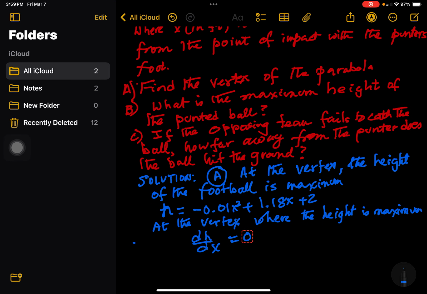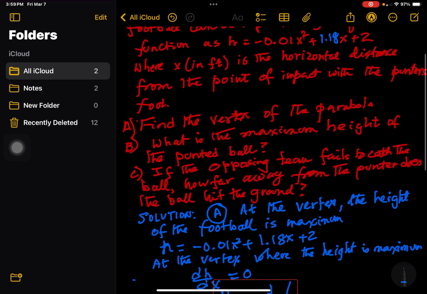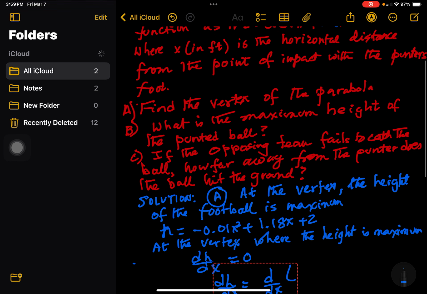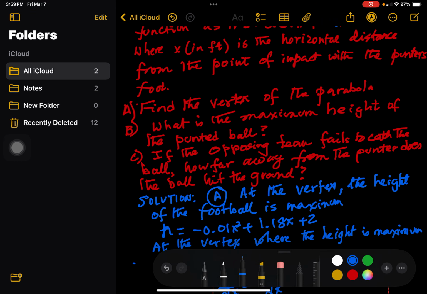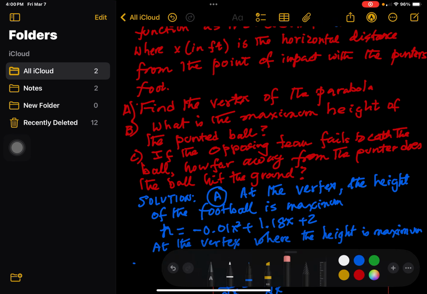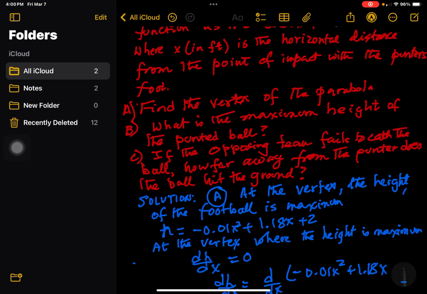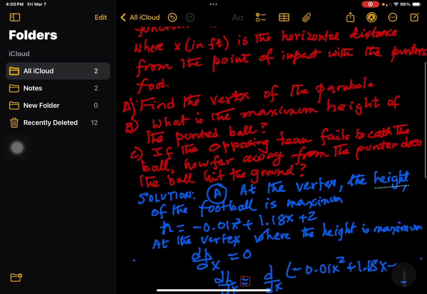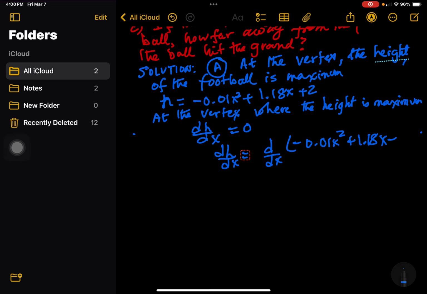So let's do the derivative. So dh by dx is finding the derivative of the expression with respect to x, which is minus 0.01 x square plus 1.18x plus 2.